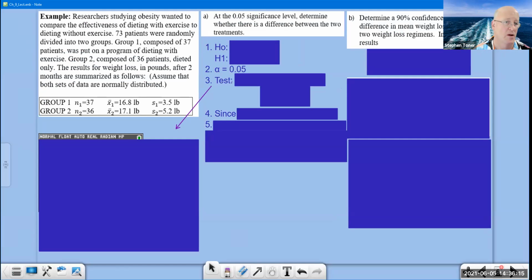Next problem. Researchers studying obesity wanted to compare the effectiveness of dieting with exercise to dieting without exercise. Okay, there's our two different treatments. 73 patients were randomly divided into two groups. Randomly divided.